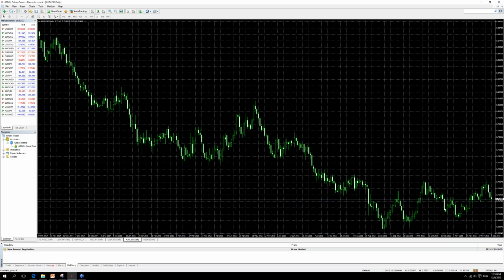What's expected this time is that the employment change is expected to go lower, actually, to minus 10K versus 58K last time, and the jobless rate is supposed to go up. So a better than expected report would obviously push the Aussie dollar higher, while a worse than expected report will push the Aussie dollar lower.